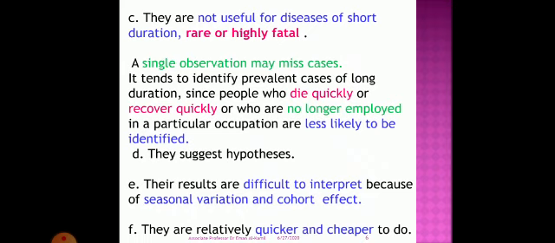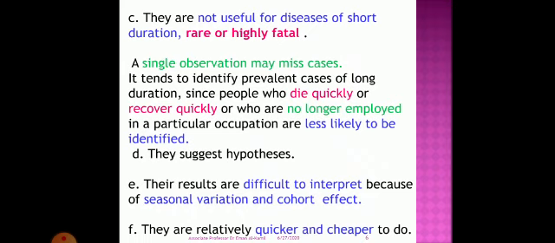It tends to identify the prevalent cases of long duration, since people who die quickly or recover quickly, or who are no longer employed in a particular occupation, are less likely to be identified.